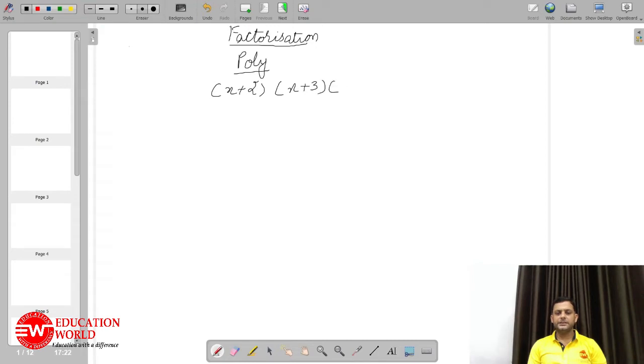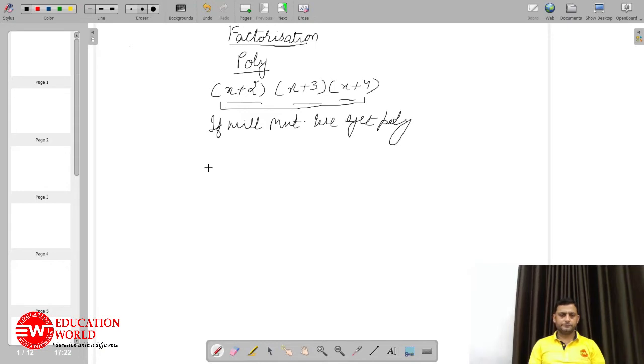If I multiply them, I will get a polynomial. So each of these is called a factor of the given polynomial.